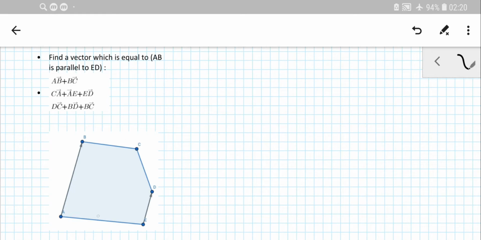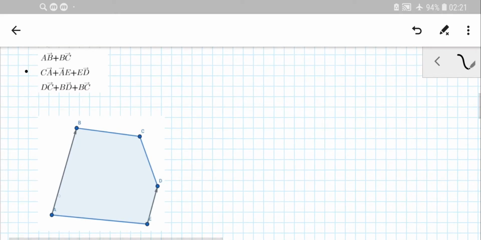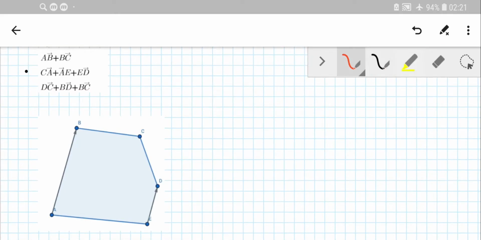So what do we have? We have a polygon. We can see that AB is parallel to ED, so those two vectors are parallel. First we are going to find AB plus BC. AB is here, so I marked the direction. AB is this vector, and then we've got BC, which is directed that way from B to C. They are already arranged in a chain, so we use the triangle rule.